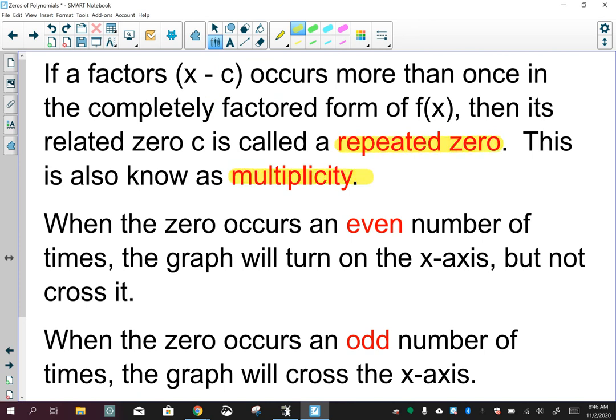Okay? So when you're looking at this, your graph is going to do something specific at the x-axis, because it's a 0. If you have a 0 that turns and touches the x-axis and goes back up, you're looking at an even number for your multiplicity.